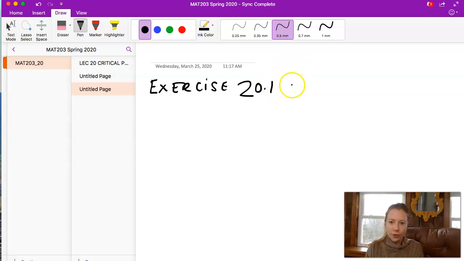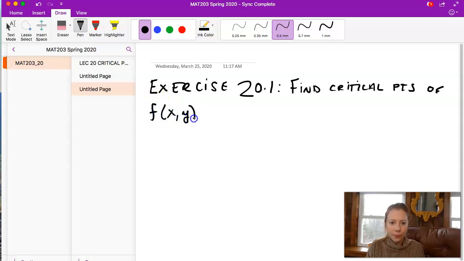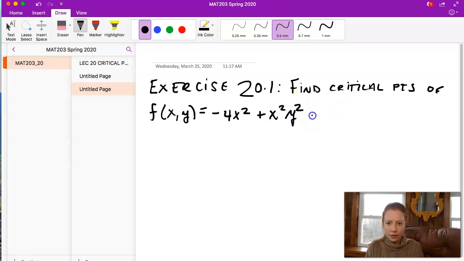So we're going to find the critical points for the following function. f of x and y is equal to minus 4x squared plus x squared y squared plus y cubed minus 9y.